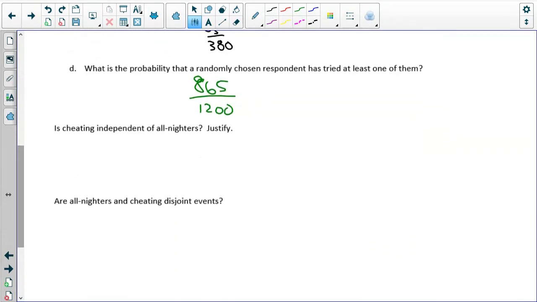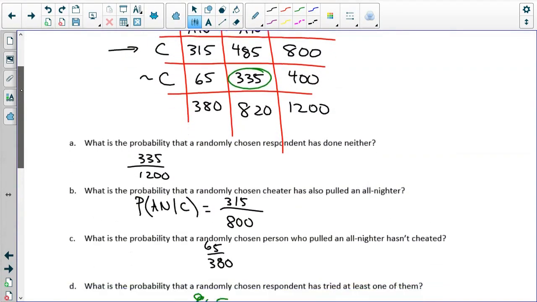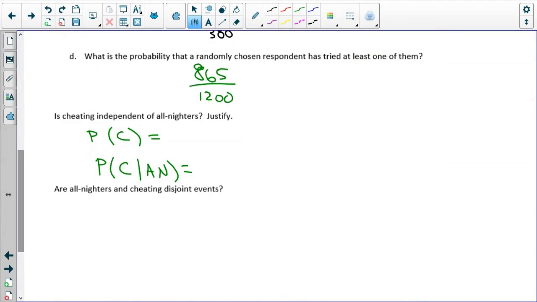Is cheating independent of all-nighters? So let's take the probability of cheating, and then the probability of cheating given an all-nighter, or the probability of cheating given not an all-nighter, and then see what happens. So the probability of cheating was 800 out of 1,200, which is the same thing as 2/3.